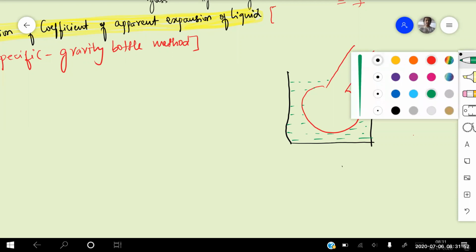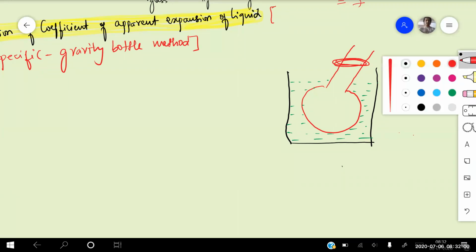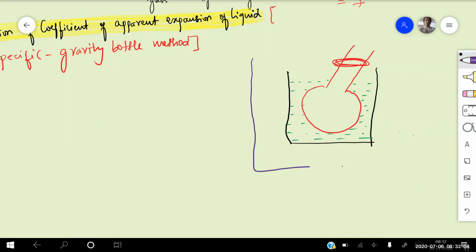It is tied here with a thread and kept on a stand. There is a stand, and this is connected to the stand.